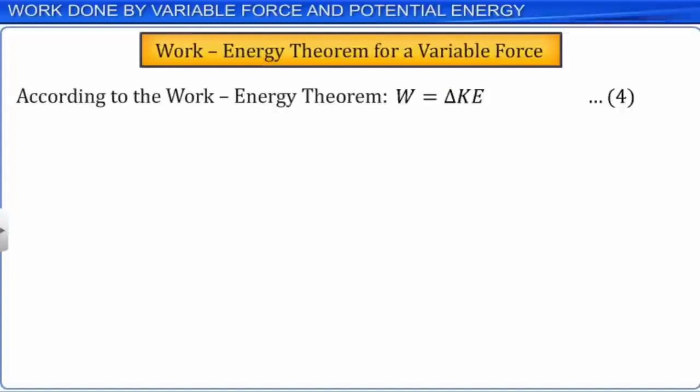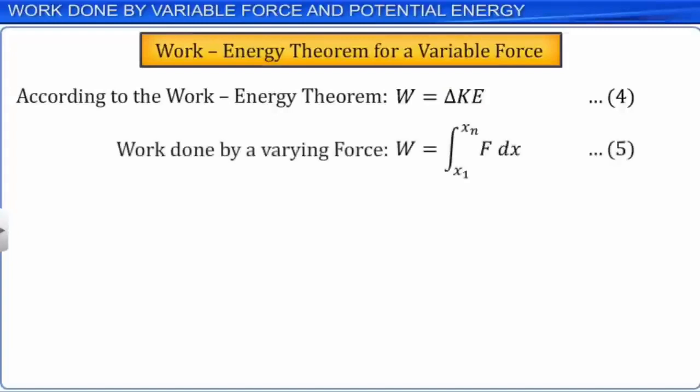We know that the work done by a variable force can be found by the expression W is equal to integral F dx in the limits x1 to xn. Let's call this equation 5. If the velocity of the object at an instant is v, then its kinetic energy at the instant is expressed as half mv square. Let this be equation 6.